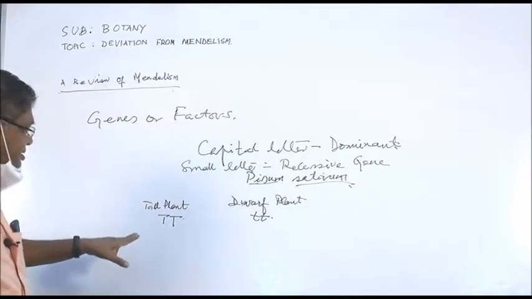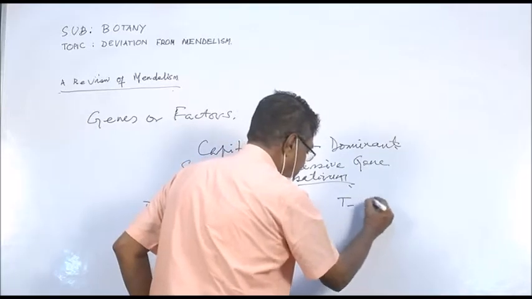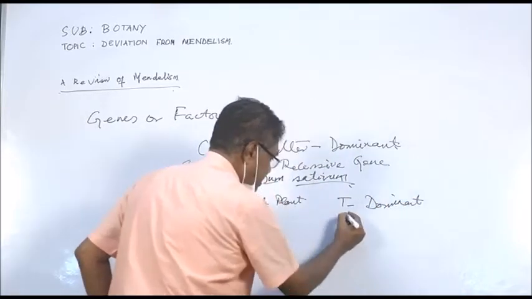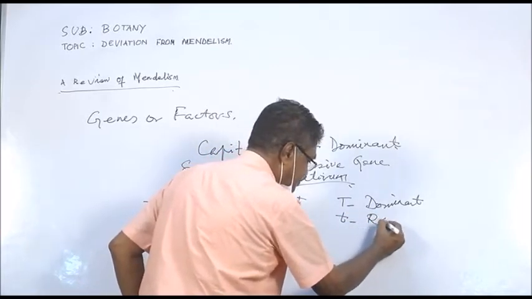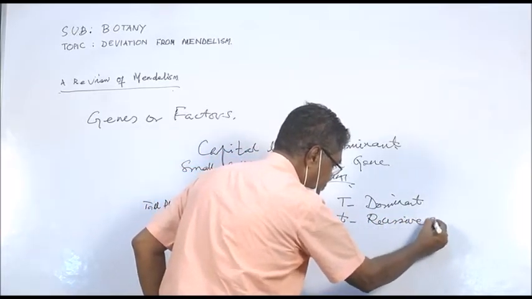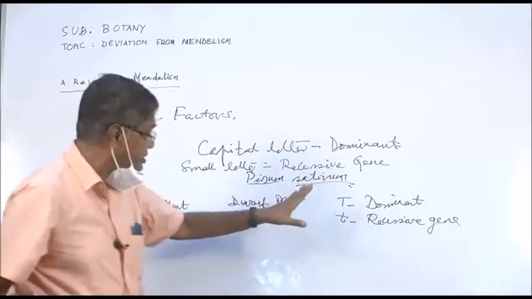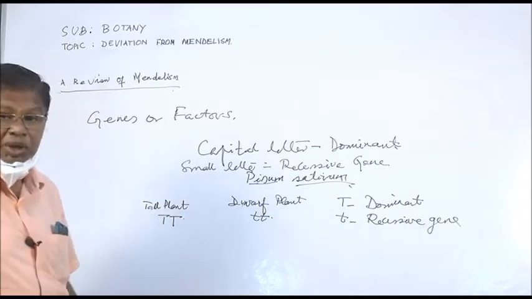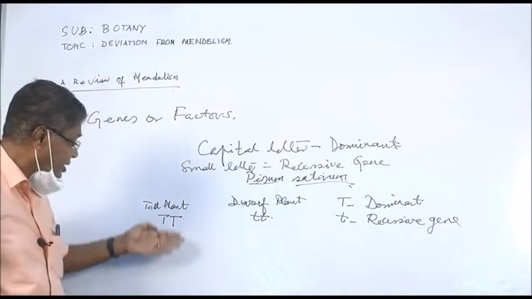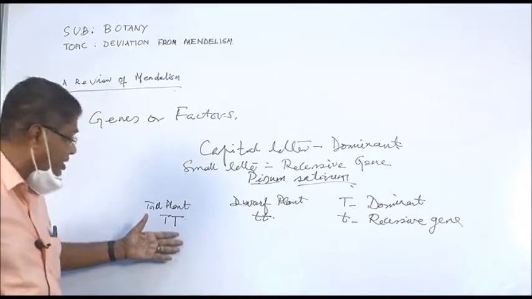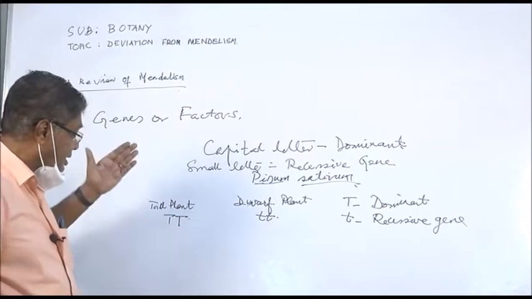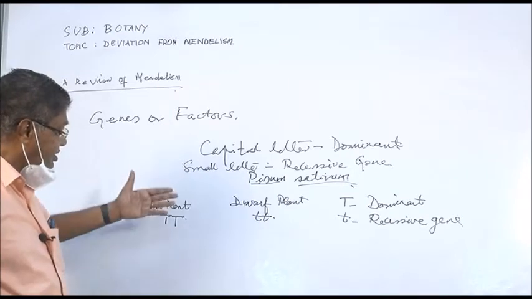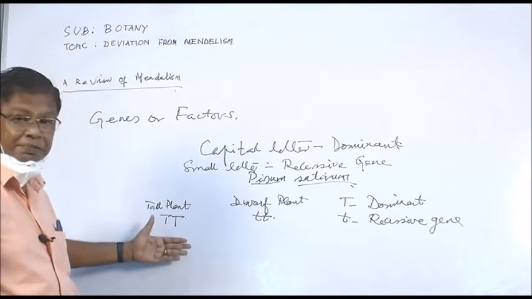Here, capital T is the dominant gene and small t is the recessive gene. The two T's are in pair, because as per Mendel, factors or genes occur in pairs.